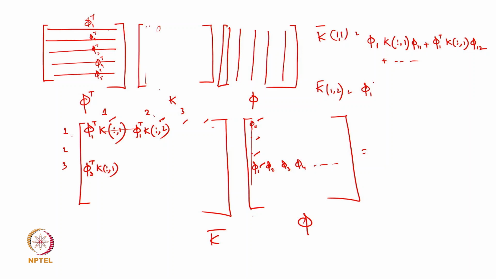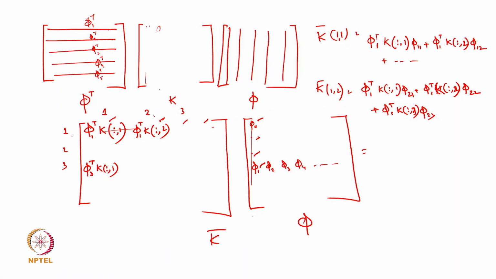So phi 1 transpose into K phi 21 plus phi 1 transpose K colon 1 phi 22 plus phi 1 transpose, this will be 2, not 1. This will be 2. This will be 3. K23, like this way.